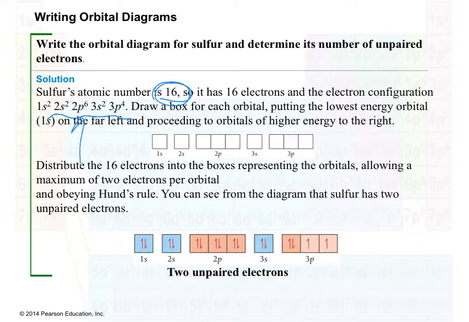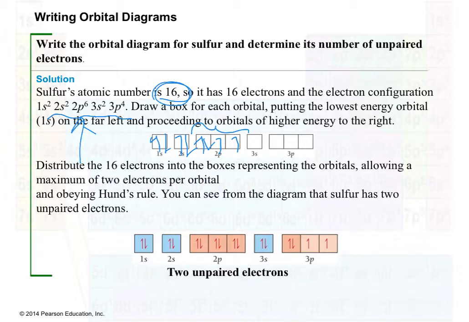So again, I would start by writing out the electron configuration and then just start placing electrons. One up, one down in each orbital until you get to equal energy orbitals, and then one in each before you pair any up.